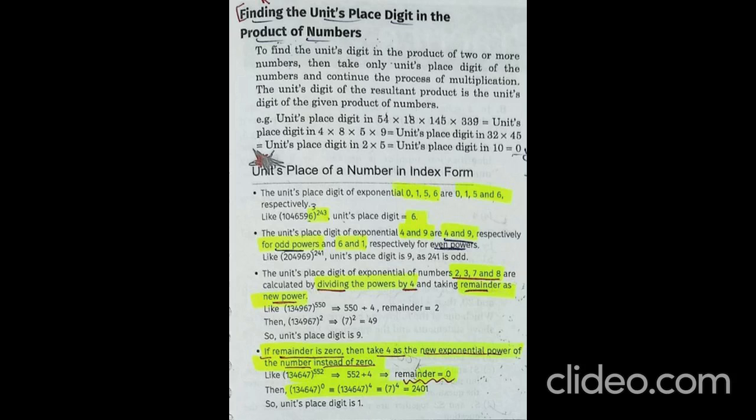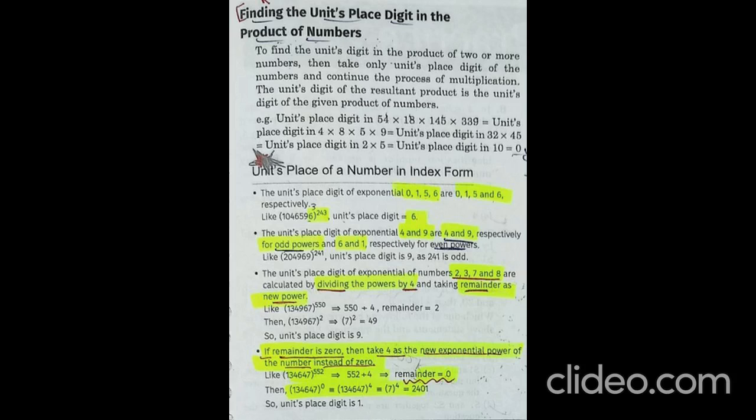Remember this thing. What they are saying is how you are going to calculate the unit place digit if the power is given. So these are some tested formulas. If these numbers are present in an exponential, then these are the unit places.